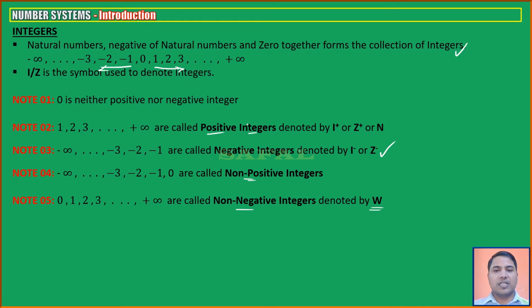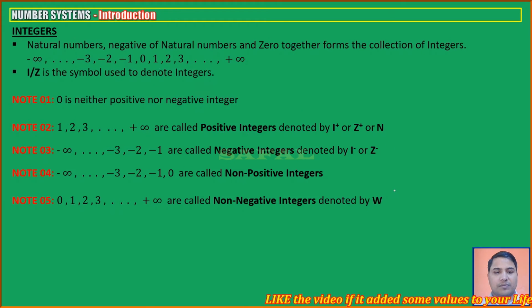Positive integers means we are talking about natural numbers. Negative integers means we are talking about negatives of natural numbers. Non-positive integers means 0 and negatives of natural numbers, and non-negative integers means 0 and natural numbers, which is basically whole numbers.